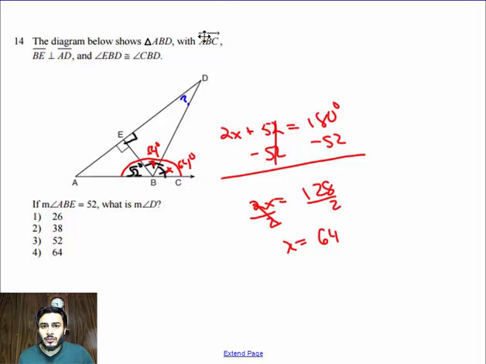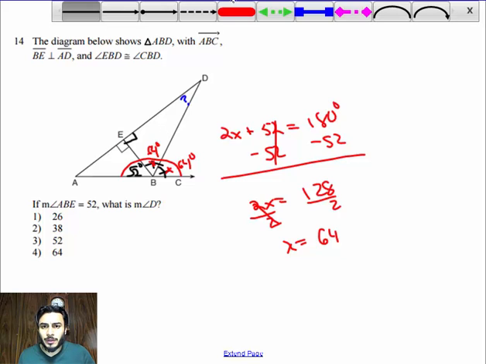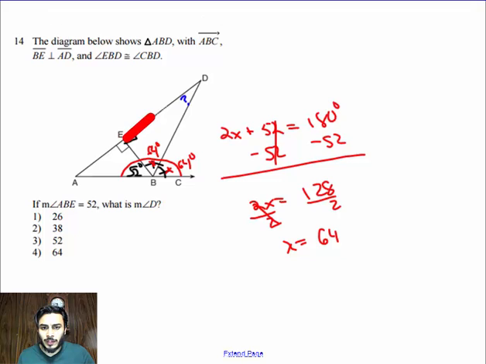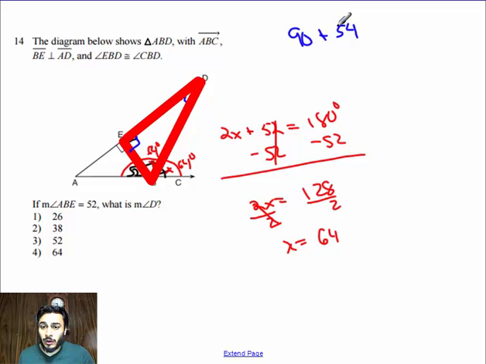Okay, now let's go back to this triangle that we were focusing on earlier. Talking about this guy here. Well, we know two of the angles are 64 and 90. We knew that this over here was 90 degrees. So that means 90 plus 64, sorry, I said 54, excuse me, that's 64.